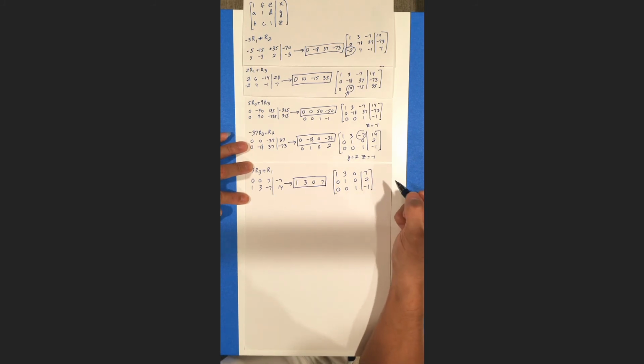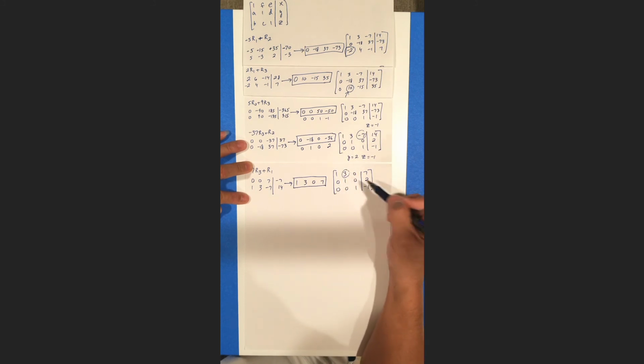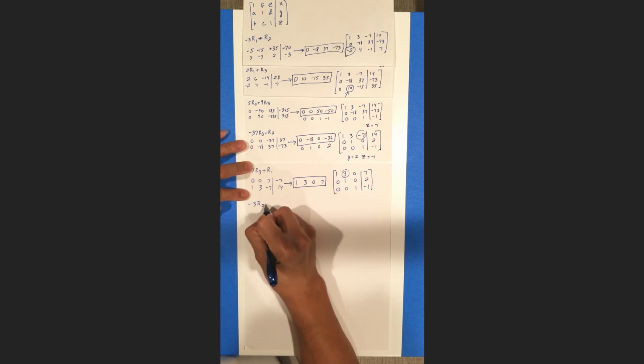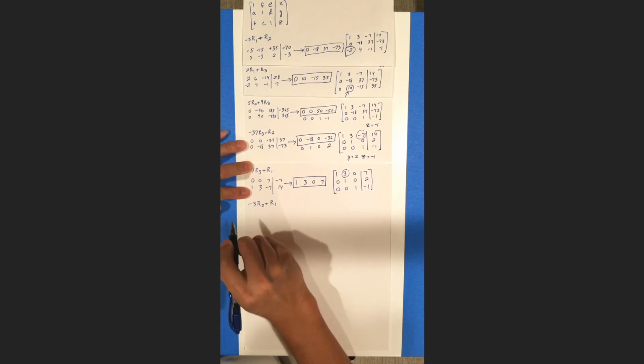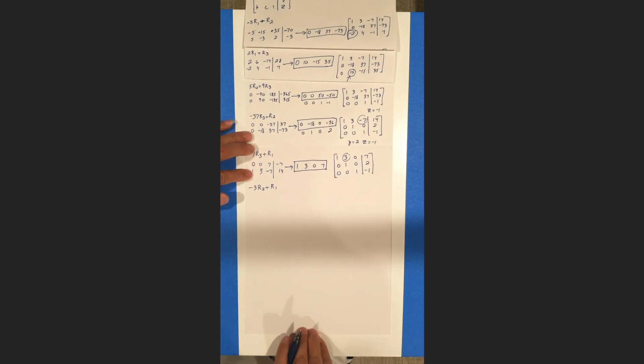Okay, now we only have this guy to eliminate. Just get rid of the 3. You want to match it up with row 2. So negative 3 row 2 plus row 1. Okay, so hopefully you're catching on.